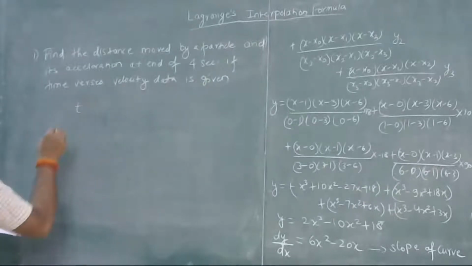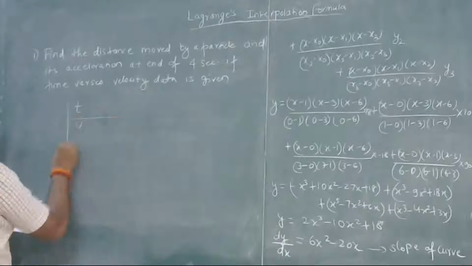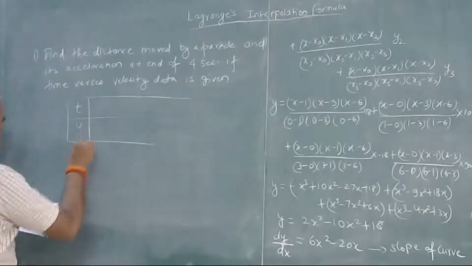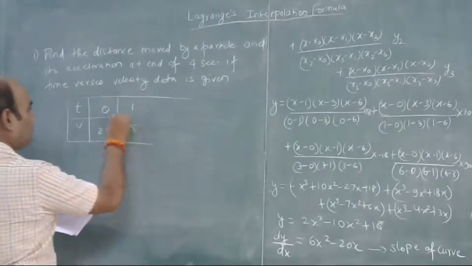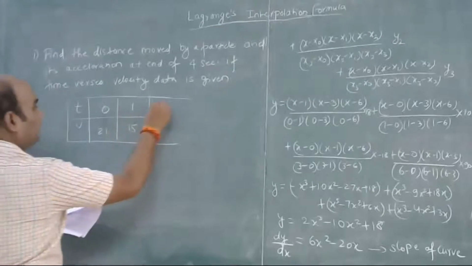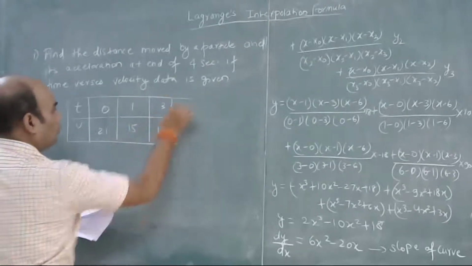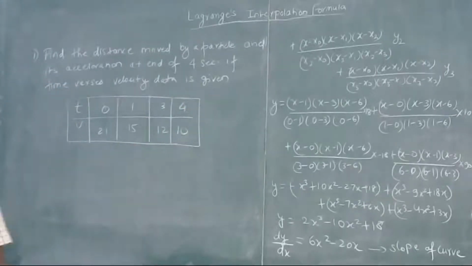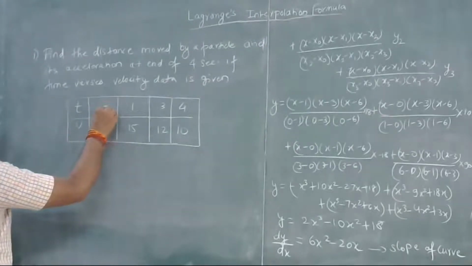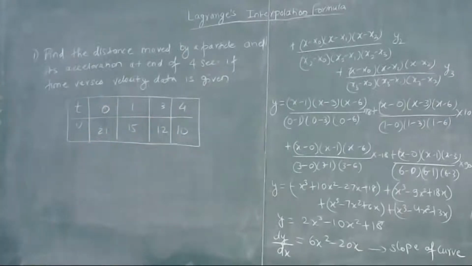So this is time and this is velocity. 0, 21; 1, 15; 3, 12; 4, 10. Okay. So the table is given for time in seconds and velocity in meters per second. And again it is of unequal interval. Okay. So the value of t is unequally distributed.